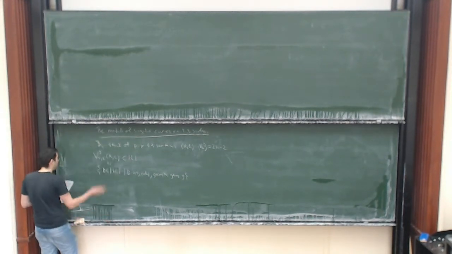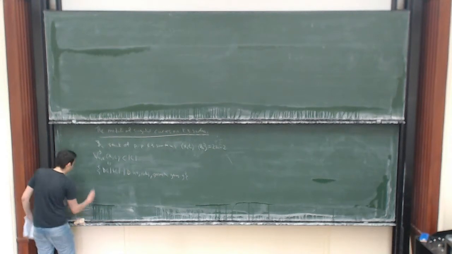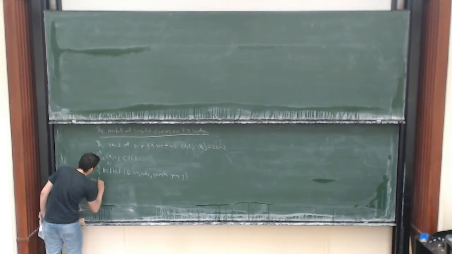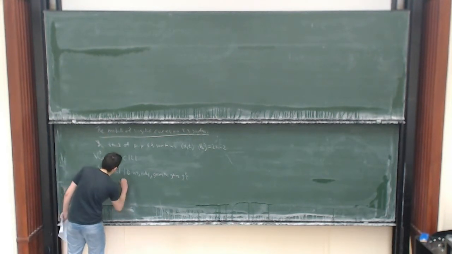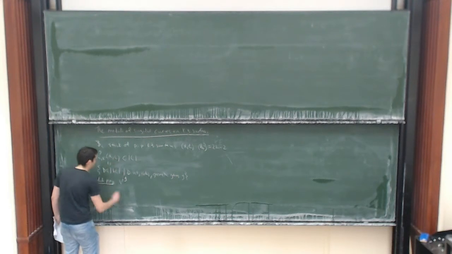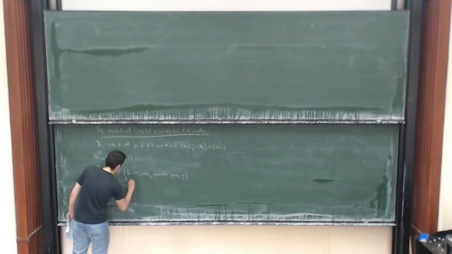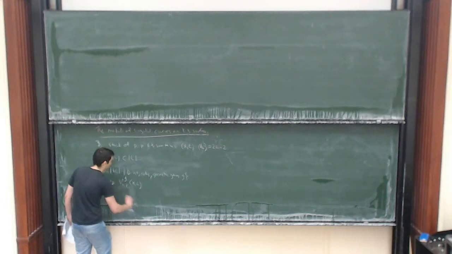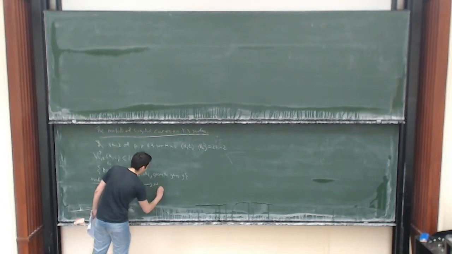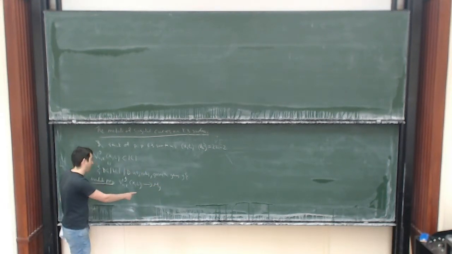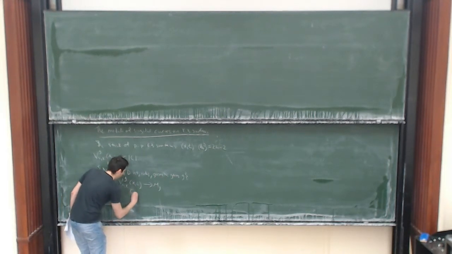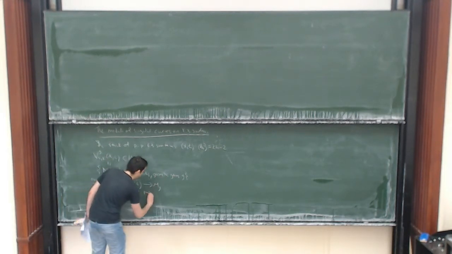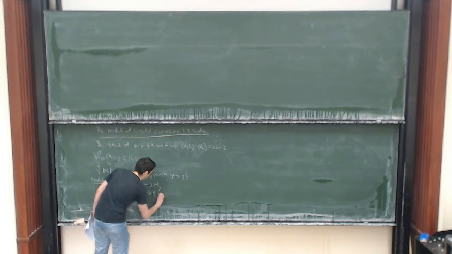So this comes with a moduli map, V_{G,H,K}(X,L) to M_G, where M_G is the Deligne-Mumford stack of curves of genus G, which simply takes a point D to the normalization D tilde.